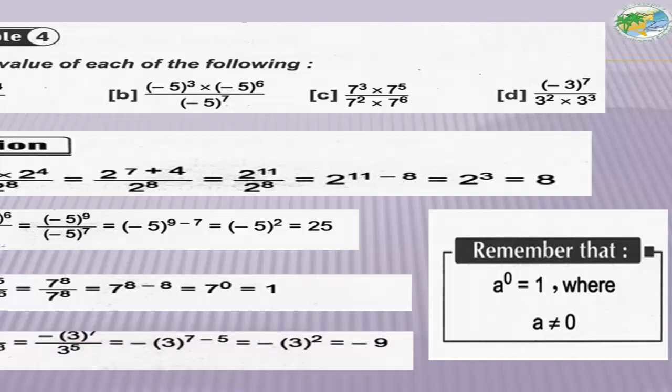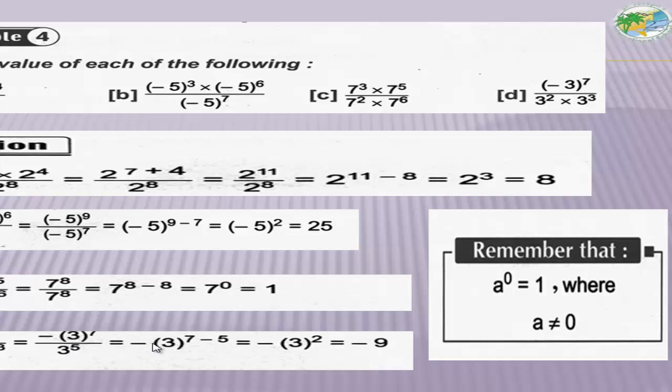The last one: negative 3 power 7 over 3 power 2 times 3 power 3. For the numerator, I can't do anything, I just take the negative sign outside, over 3 power 2 times 3 power 3, which becomes 3 power 5.